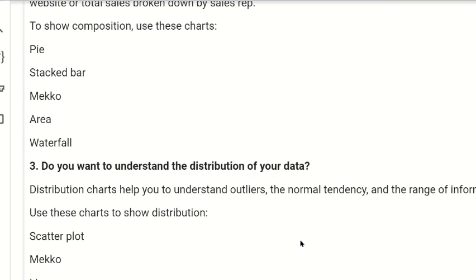Next, to understand the distribution of data, that helps you to understand outliers. Do you know about outliers of data?